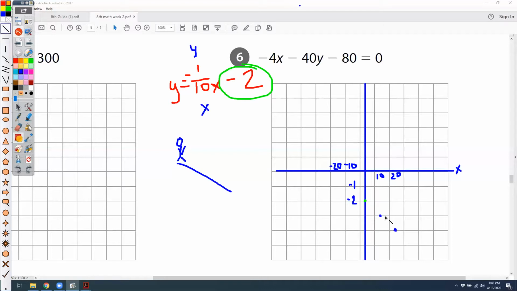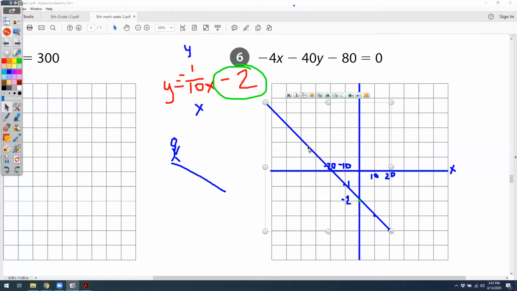I did it the opposite way. I started at negative 2, I went down 1, and then I went to the left 1. If you go down 1 to the left 1, which way are you going to end up walking? Oh, you're going uphill, my bad.